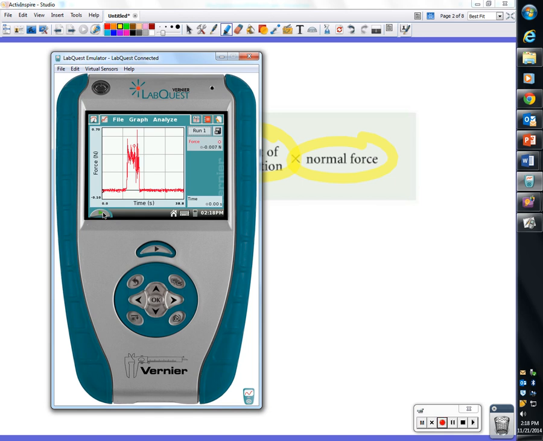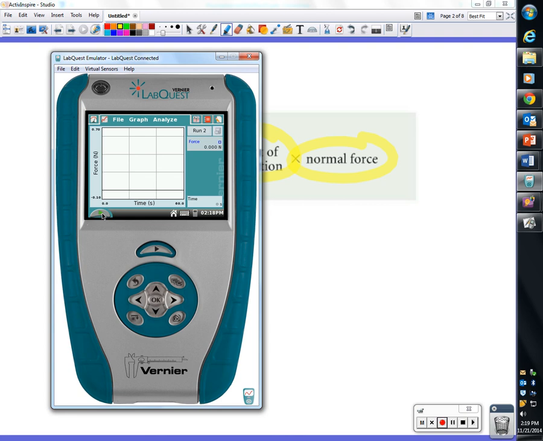Good there? All right. I'm going to pull this back over to the other side. Start it over there. I'm going to save this data. Okay. And I'm going to start run 2. This time, I'm going to pull the same block, but at a faster constant velocity.